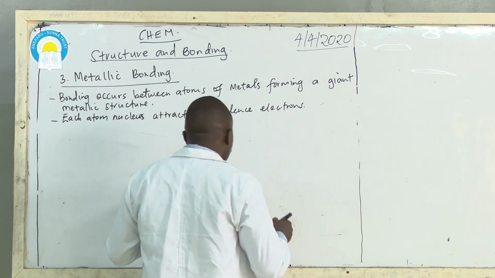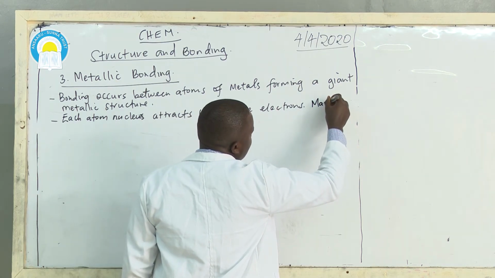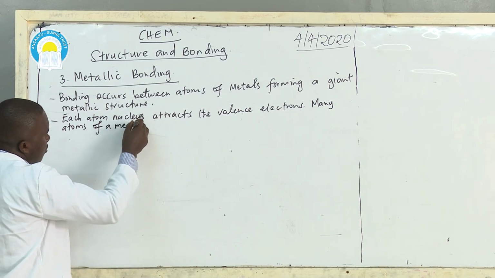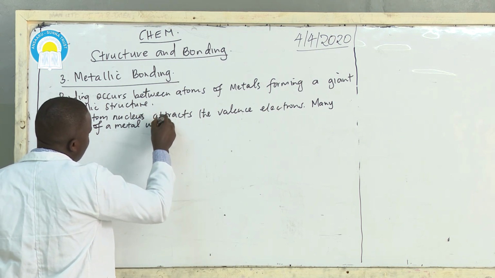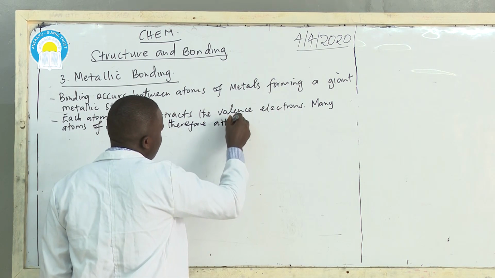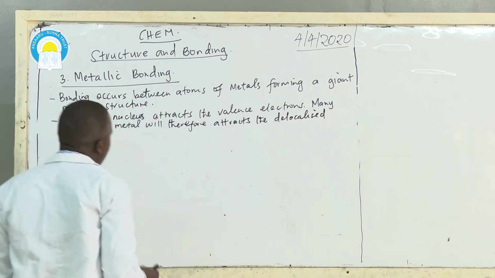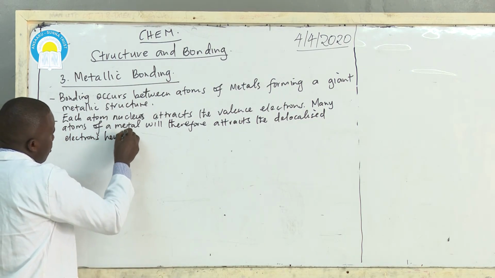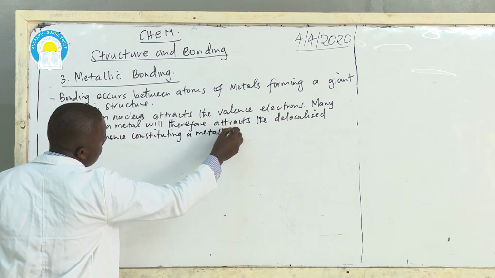So many atoms of a metal will therefore attract the delocalized electrons, hence constituting a metallic bond.